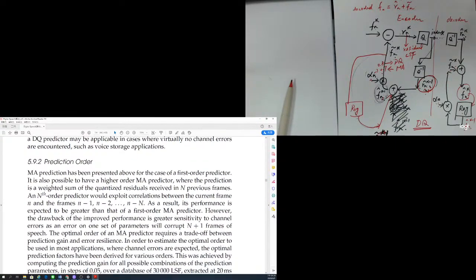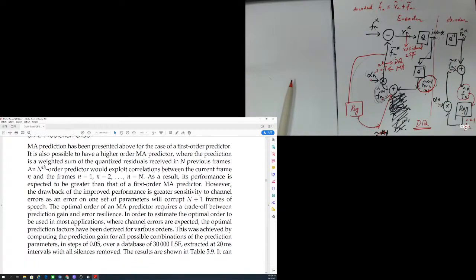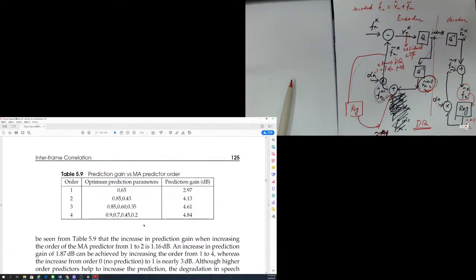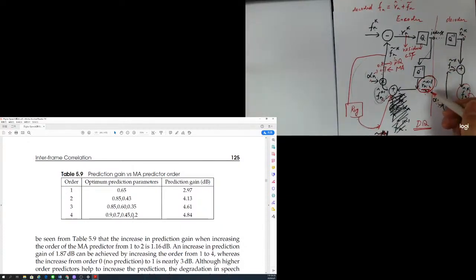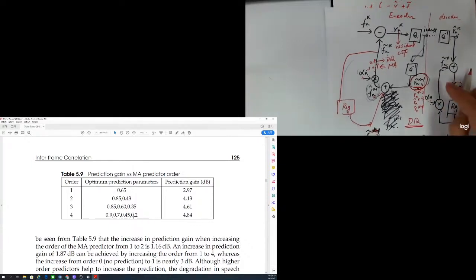Another one is the prediction order. If you consider more data to do the prediction, sometimes you can get a better performance. Right now we just consider one vector. Maybe we can consider R of n, k minus 2, R of n, k minus 3, R of n, k minus 4, and then use a linear combination, so we have Rn minus 1, Rn minus 2, Rn minus 3.